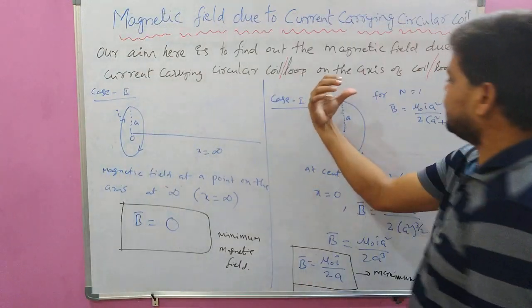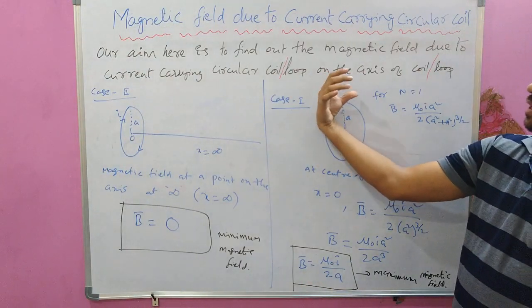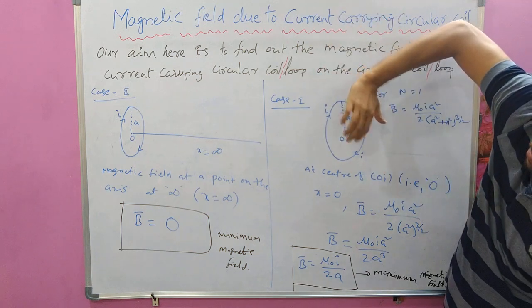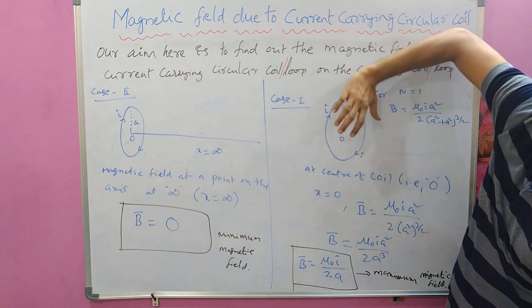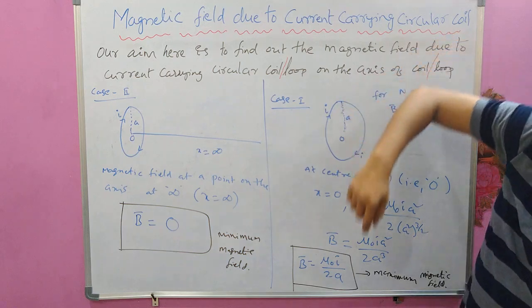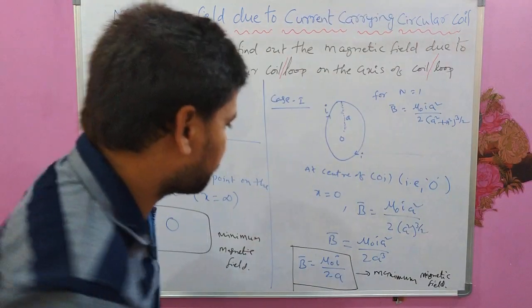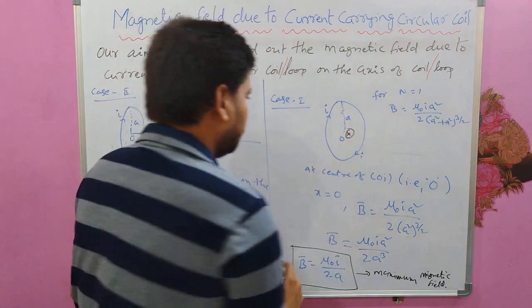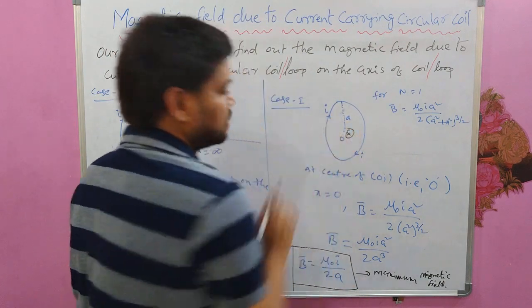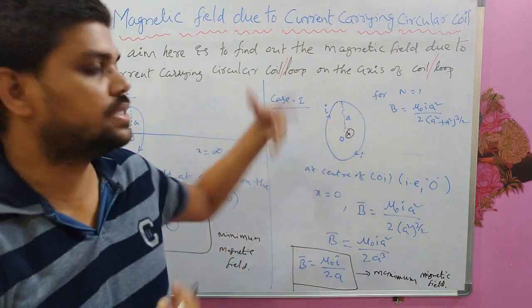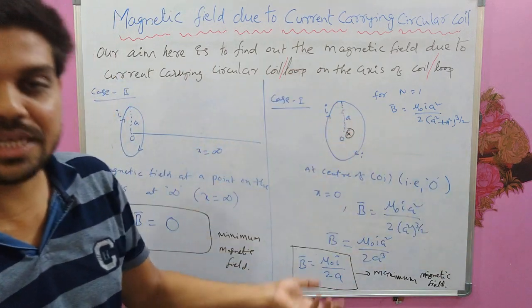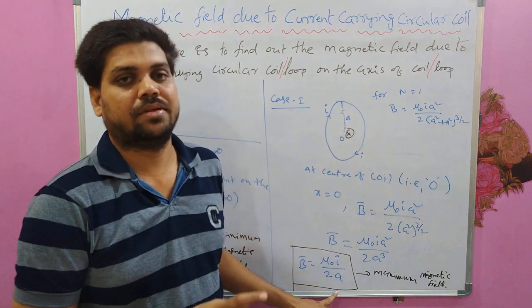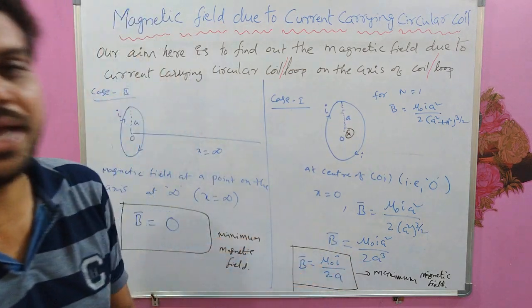Because I am taking the current direction as this, the magnetic field will be inverse here at the center. Depending on the current direction, the magnetic field direction will change, but the magnitude will remain the same, mu naught I by 2A.